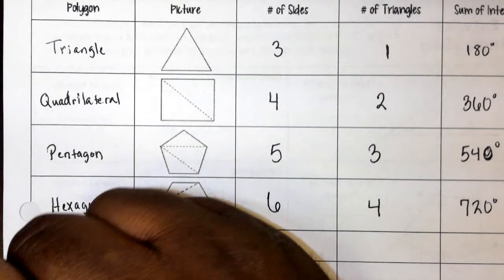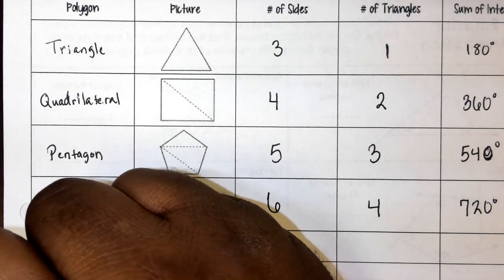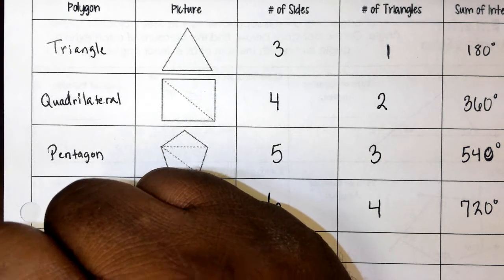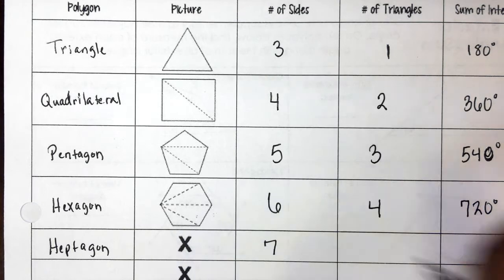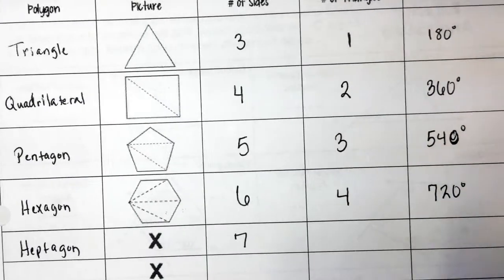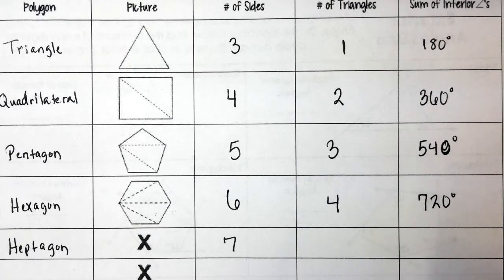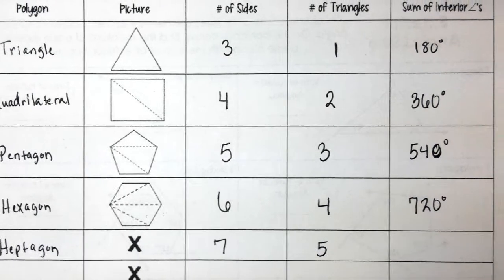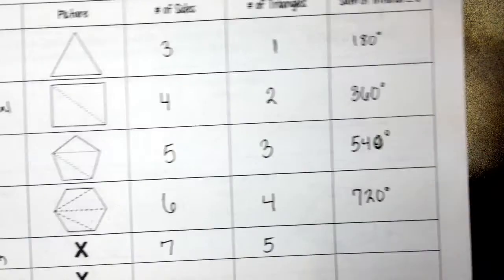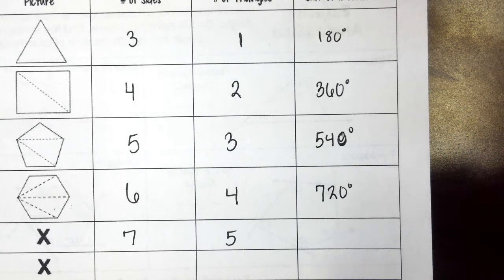The next one is the heptagon. A heptagon has 7 sides. If it has 7 sides, Irvin, how many triangles do you assume it's going to have? Say it again. 5 triangles inside of it.